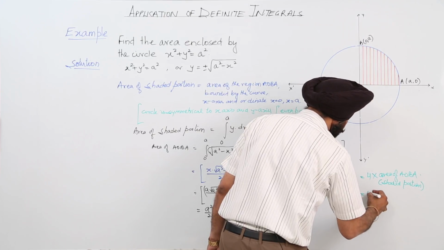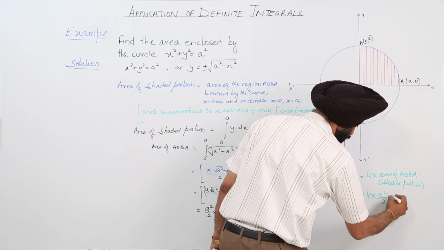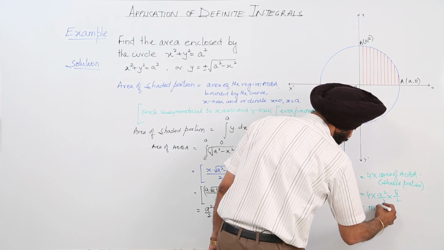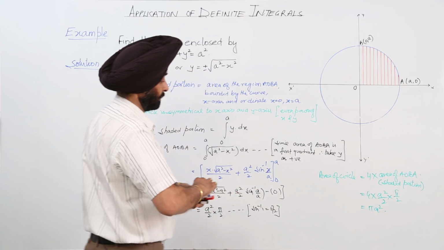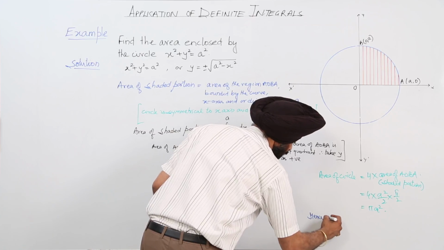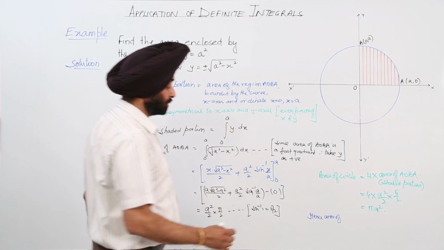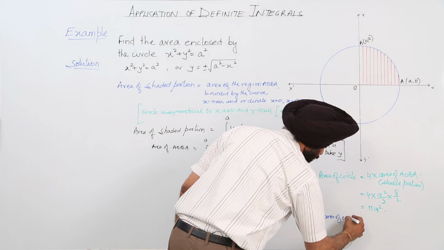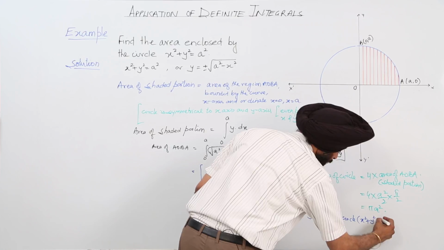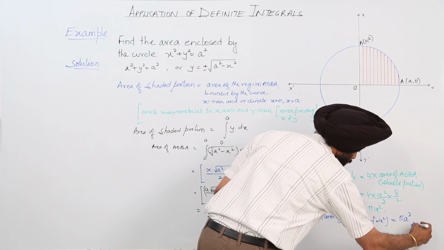Now this is equal to 4 times a square upon 2 with pi upon 2, and this is equal to pi a square. Hence area of the circle with equation x square plus y square is equal to a square is equal to pi a square. This is the answer.